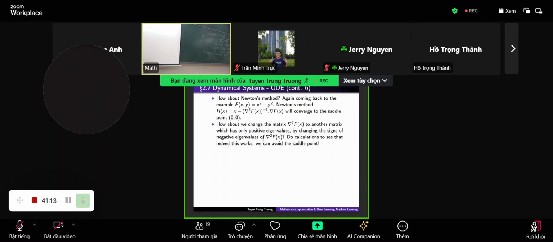If you look at f(x, y) equals x square minus y square, the representative example of such a point, then the Hessian matrix will have two eigenvalues, 2 and minus 2. The fact that it cannot avoid such points is because of this minus 2. So what you could think about is changing the minus 2 to 2.